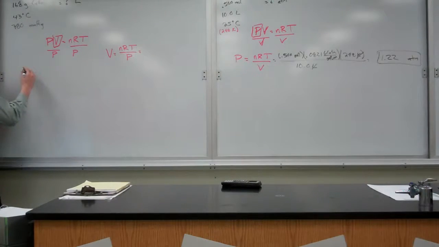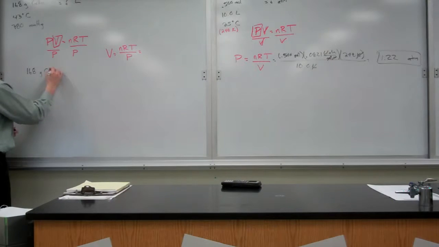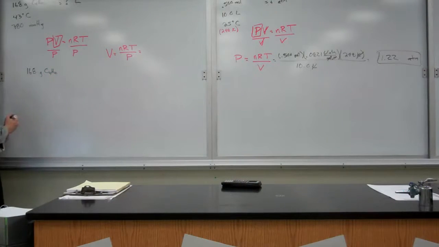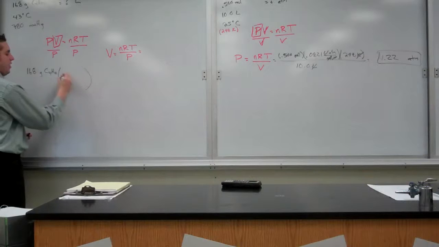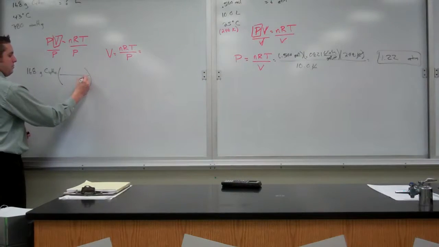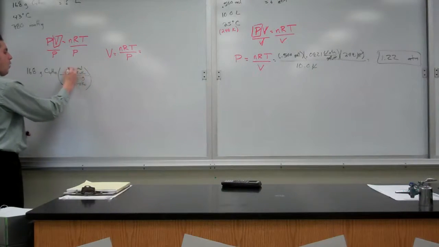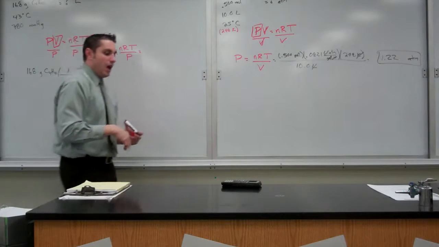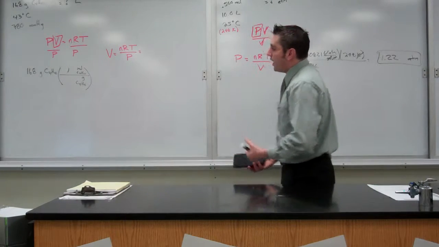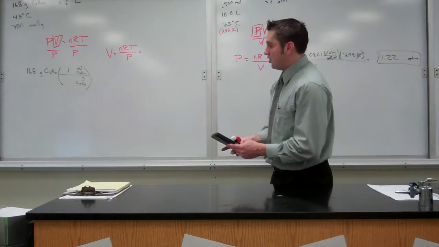It is not. So the first thing I need to do is convert grams of C4H10 into moles. We've done that a lot this year. It's a one-step bracket problem. Grams on the bottom, moles on the top. One always goes with moles, and then I go to the periodic table to get the mass of C4H10.